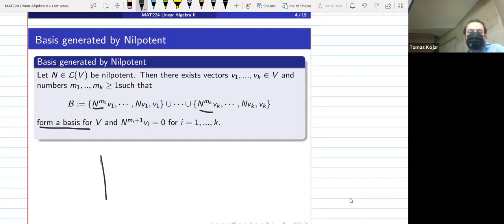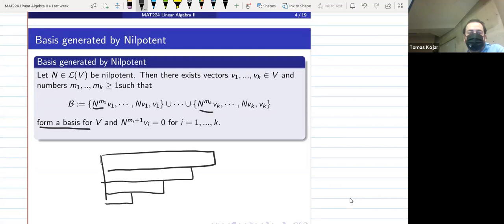So we have this beautiful picture. You have v1, N^{m1-1} v1, then v2, N^{m2-1} v2, and here goes vk, and then N^{mk-1} vk.